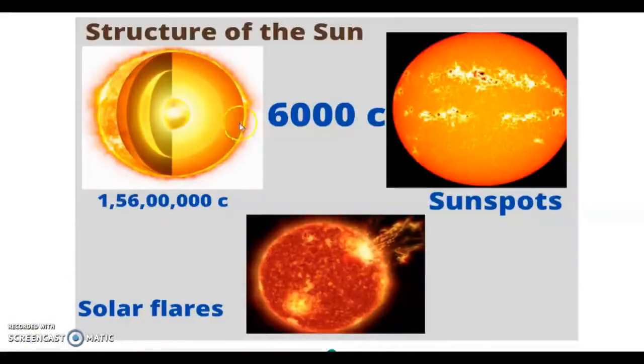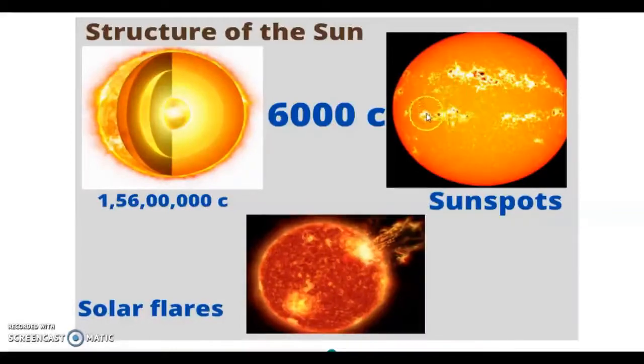Okay children, do you know the surface temperature of the sun? Yes, the surface temperature of the sun is about 6,000 degrees centigrade. Let's come to this picture. You can see there are some spots on the sun's surface. What are these?